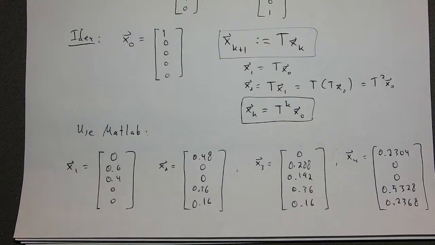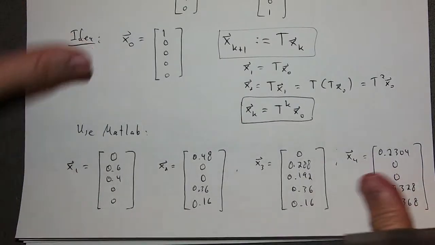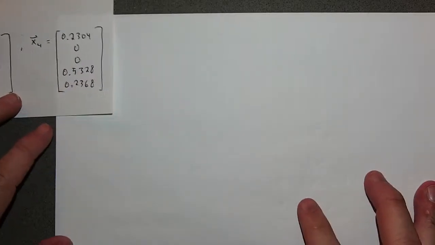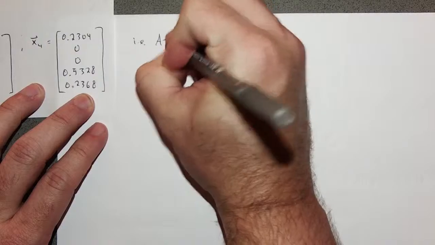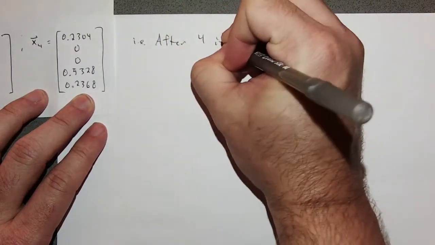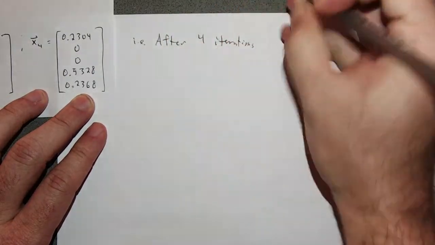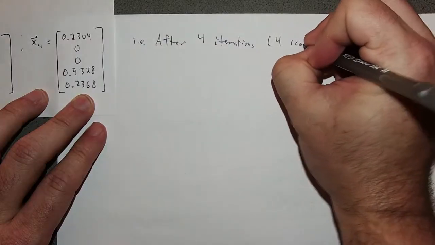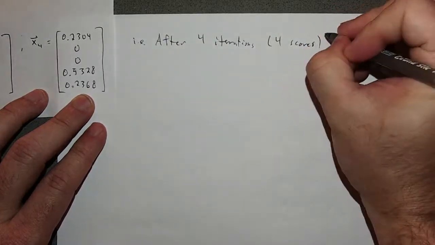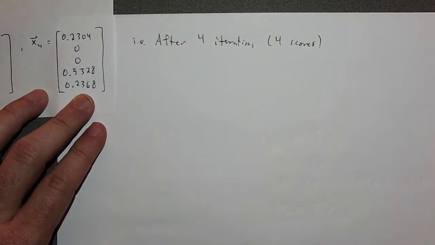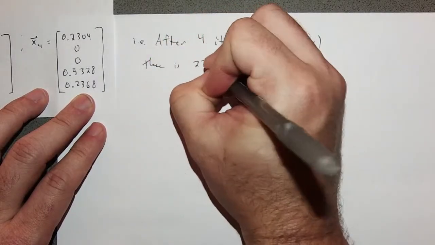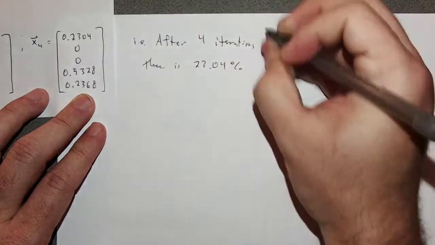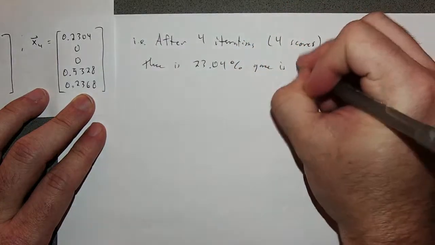Okay? Just to write this out, because I think it's nice to write this out, I'm going to put this right here. So this means, i.e., after 4 iterations, it is 4 scores, there is a 23.04% chance the game is back in deuce.